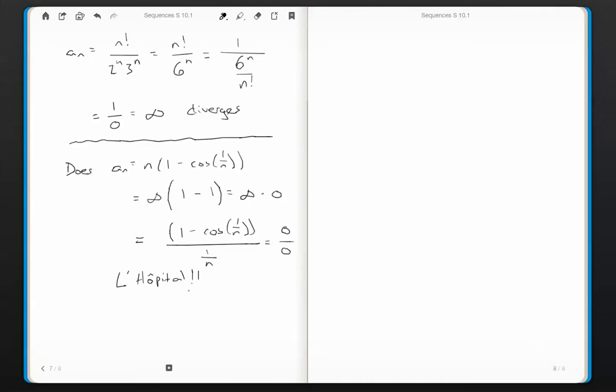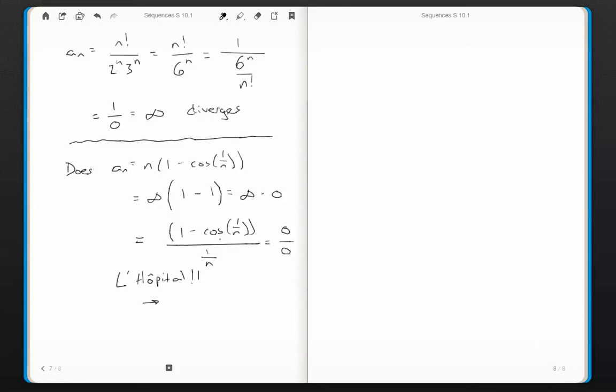I like L'Hopital, so I'll put exclamation points. So we take the derivative. You know what? We're going to start this over. The derivative of the 1 goes away.